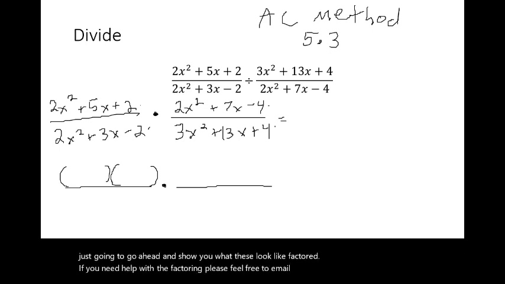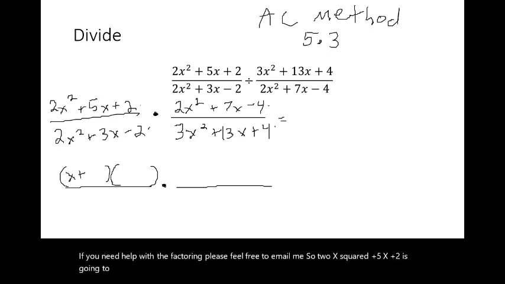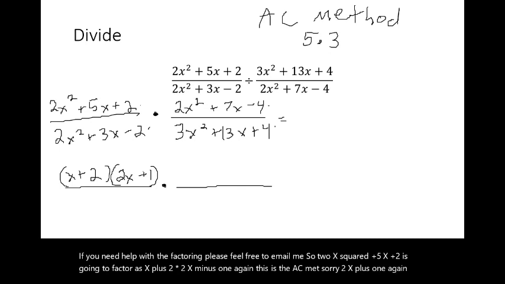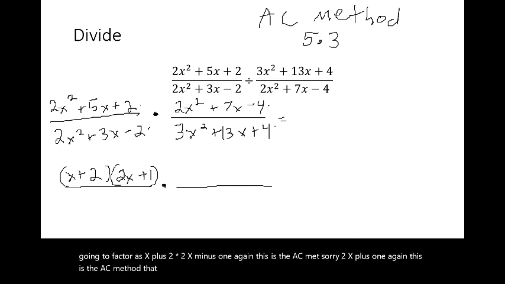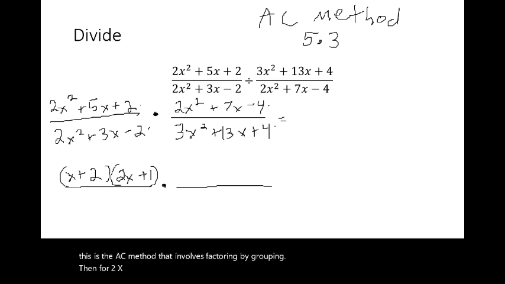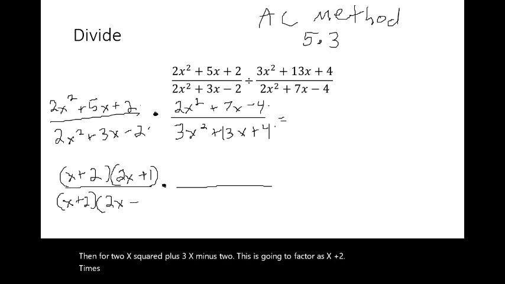So 2x squared plus 5x plus 2 is going to factor as x plus 2 times 2x plus 1. Again, this is the AC method that involves factoring by grouping. Then 2x squared plus 3x minus 2 is going to factor as x plus 2 times 2x minus 1.